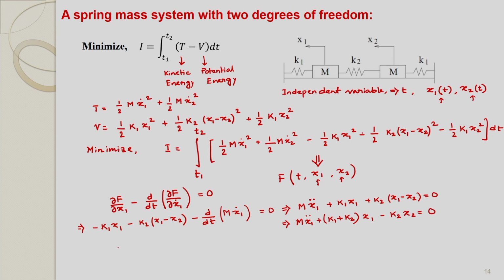Now, we have second Euler-Lagrange equation for dependent variable x2.